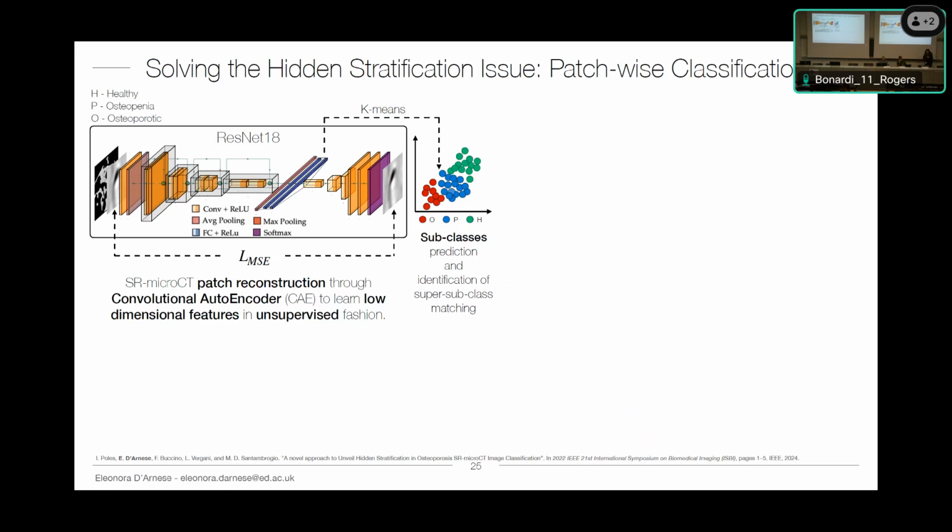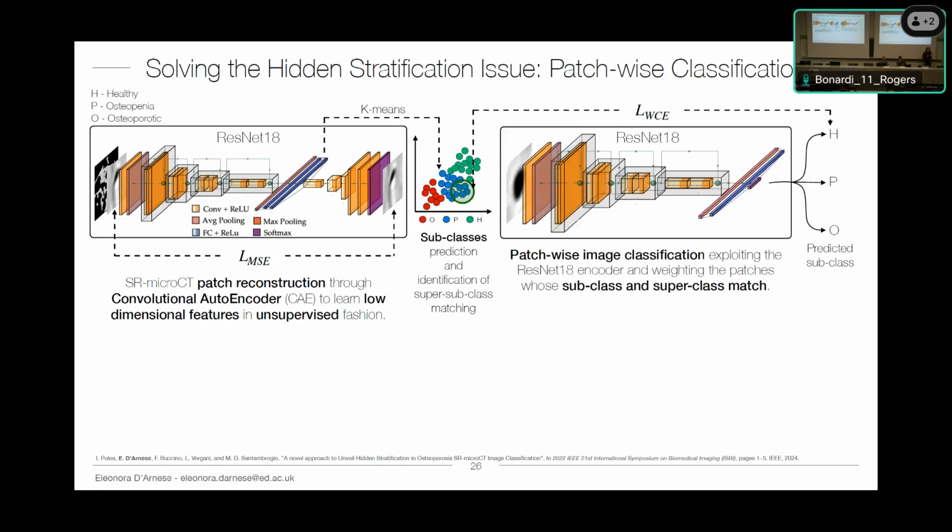What we then did was take as gold standard only the patches that were coherent between the k-means and the label given by the physician. So if a patch was osteoporotic for the physician and in a cluster that has the majority of osteoporotic samples in it, we take that patch as ground truth.